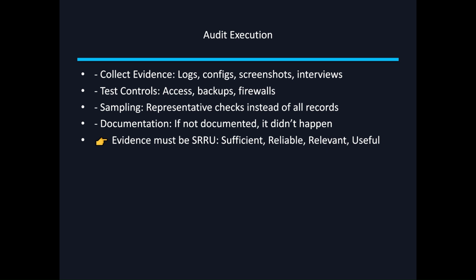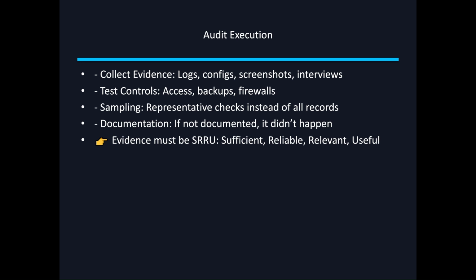And we don't test everything. That's where the next step comes in, which is sampling. We will try to take a sample out of all the evidences that will represent the scenario of the control.